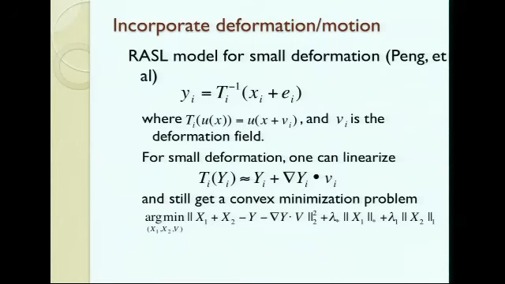So basically, you assume your measurement. People have already done that in video. Instead of the true ground truth image, every pixel is moved a little bit. If this deformation field is small, you can do a linear approximation of it, and then everything still becomes convex.